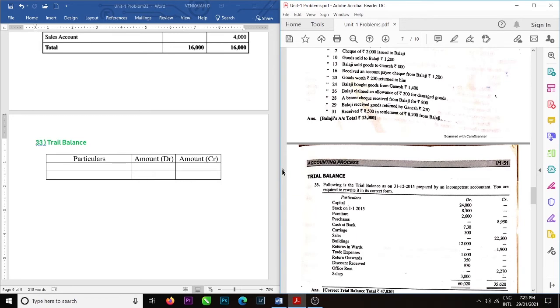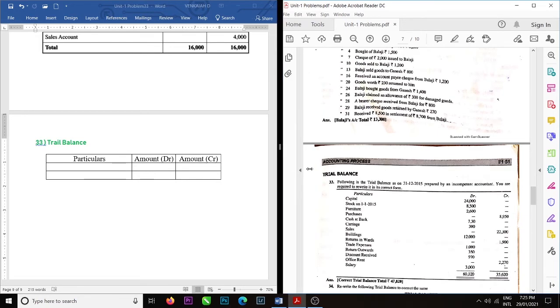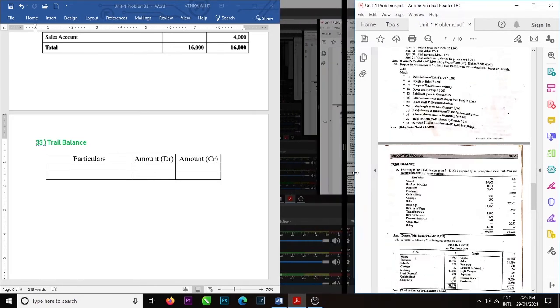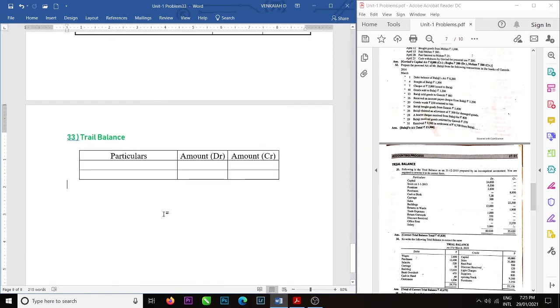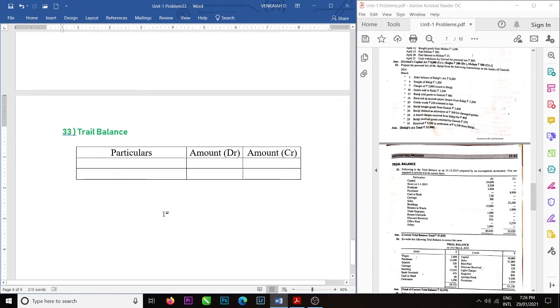So what are the debit items? Debit items are assets, expenses, and losses. What are the credit items? The opposite of assets is liabilities. Right. Keep the problem in front of you and just watch how I am posting.